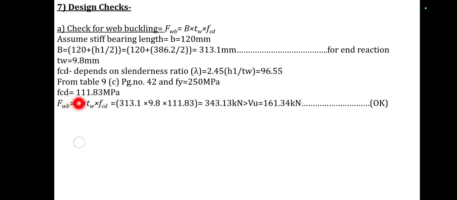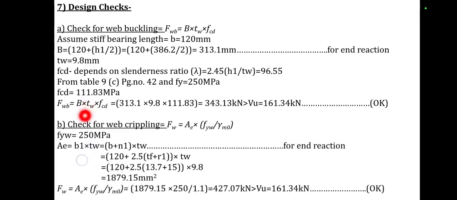We interpolate and get the value of FCD as 1111.83 MPa. Substituting all these values in the formula of FWB, we get FWB as 343.13 kilonewton, which is greater than Vu. Hence, our beam is safe in web buckling.